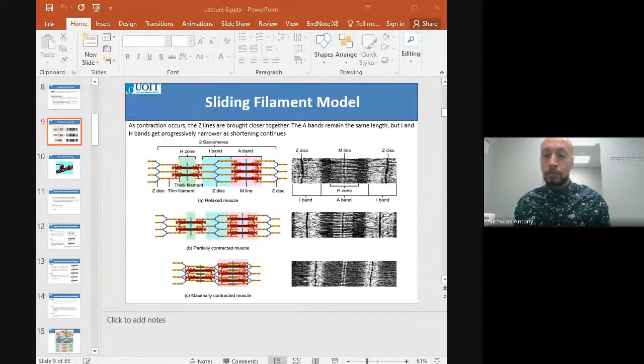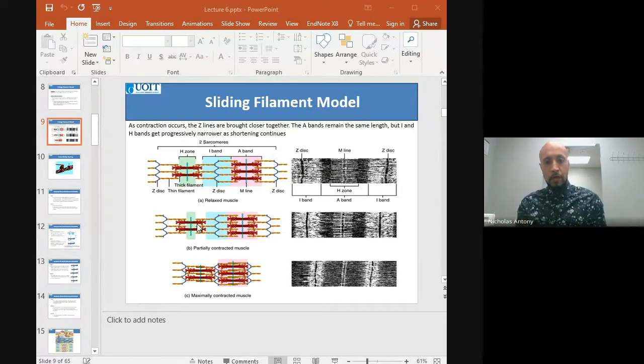Does the H zone overlap actin or myosin? Hence the sarcomere has both. Does it overlap actin? What does that mean? Like the Z lines. Oh no, so think about it this way. Look right here.